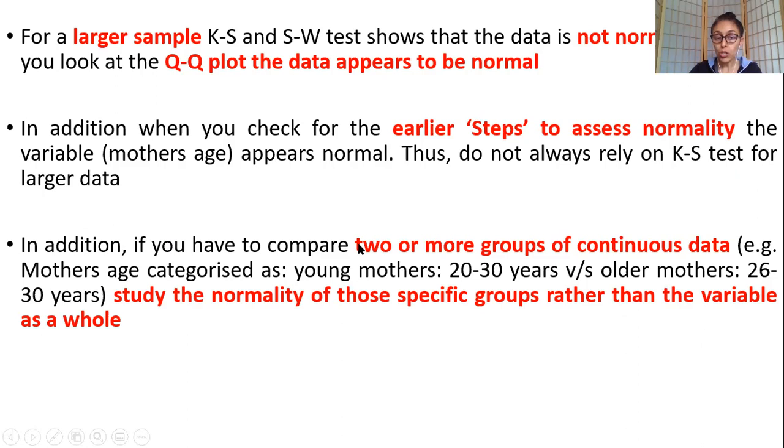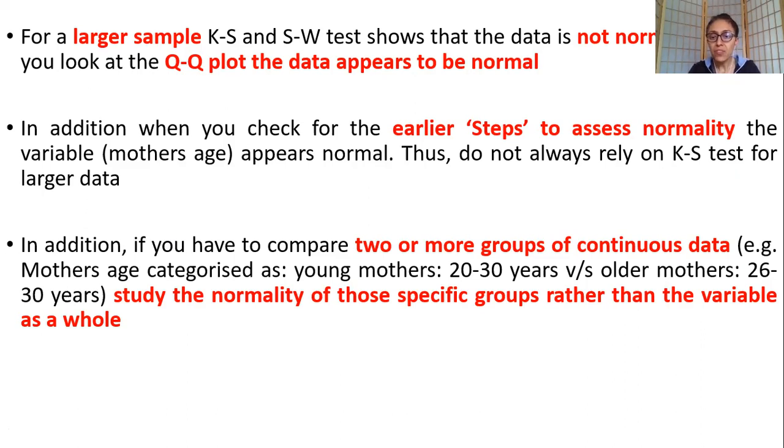In addition, what you have to remember is when you're comparing two or more groups on continuous data. For instance, I have mother's age, and my mothers are ranging from 20 to, say, 35 years of age. If I divide the mothers into young mothers and older mothers, say 20 to 30 years, and then 26 to, it should be 35 years over here.